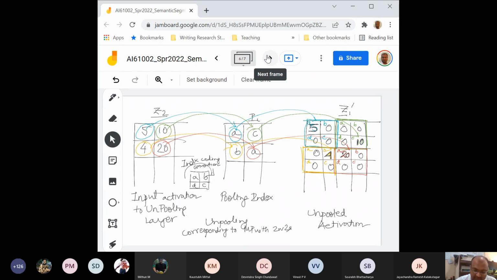What do you think? What are the operations? Let's look into this unpooling process over here and tell me what operations are getting done.